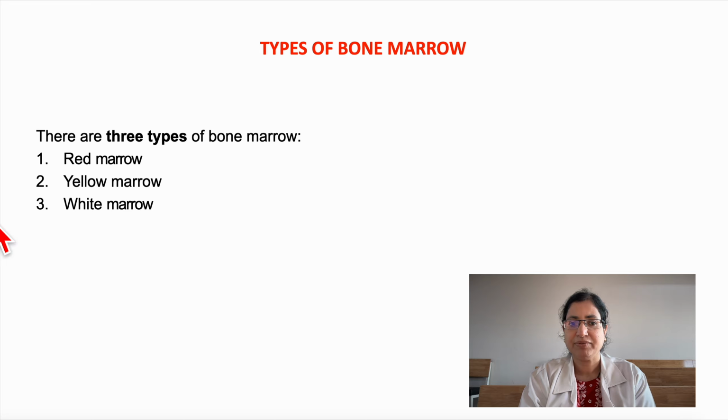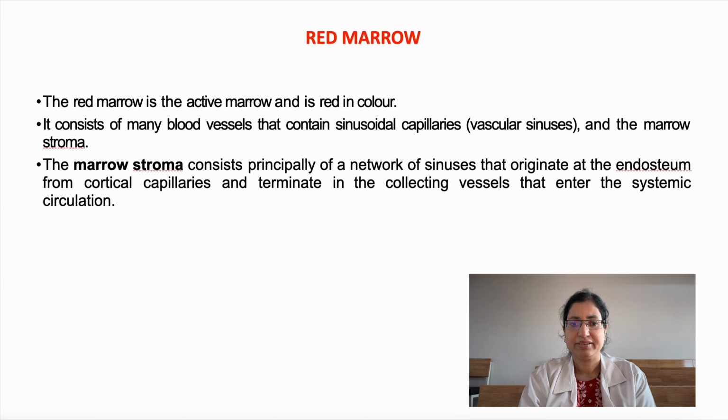There are three types of bone marrow: red marrow, yellow marrow and white marrow. What is red marrow? The red marrow is the active marrow and is red in color. It consists of many blood vessels that contain sinusoidal capillaries and the marrow stroma.